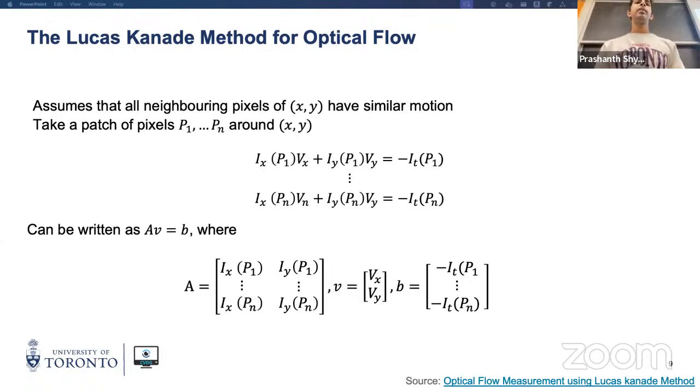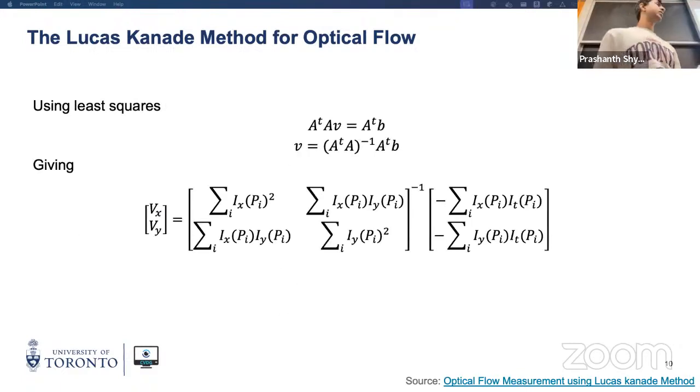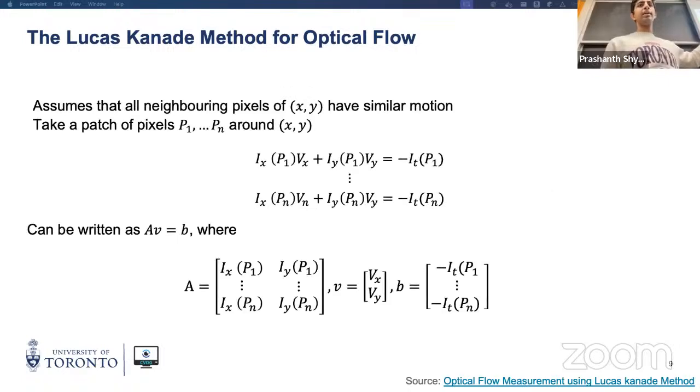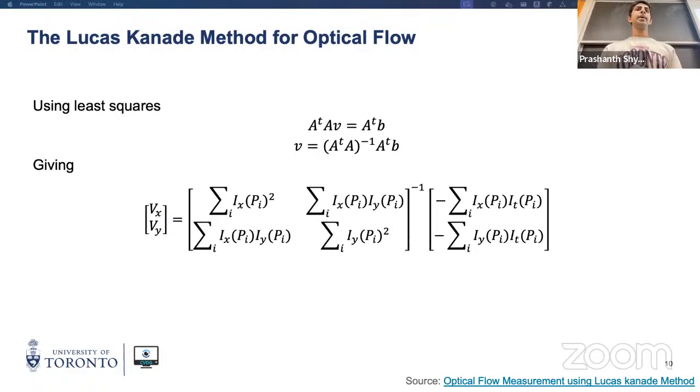So in this case, we have n equations solving for two values. And we can solve this using least squares. So with least squares, essentially, we want to find a value for V such that AV minus B is minimized. Essentially, the error of AV minus B is minimized, and that's solved using this equation, where we do A transpose A V equals A transpose B, and then we get that.